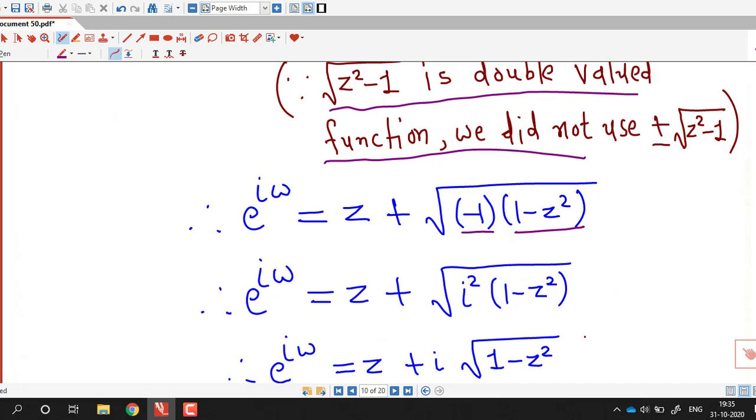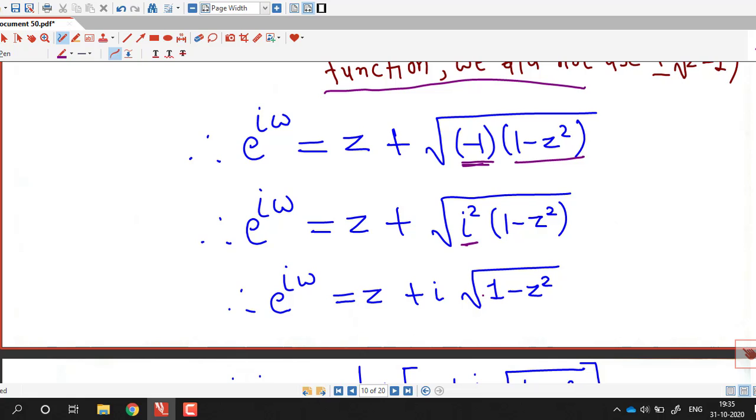Then we replace this minus 1 by i square, and square root of i square is i, so we obtain e raised to iw equal to z plus i times square root of 1 minus z square.